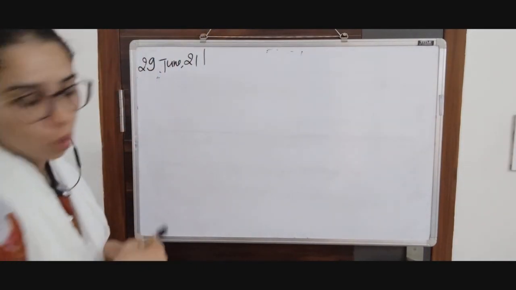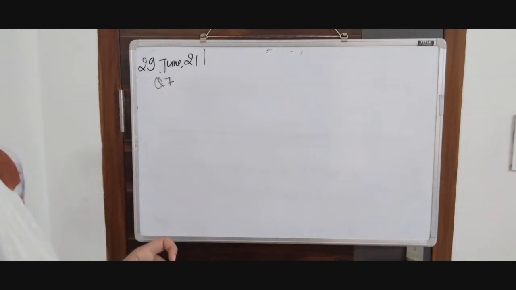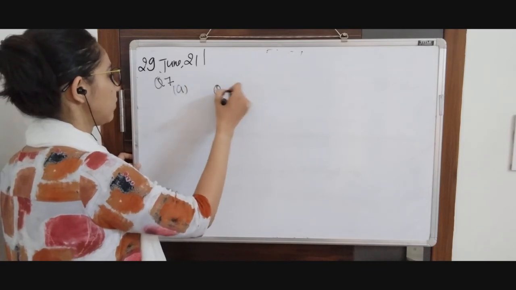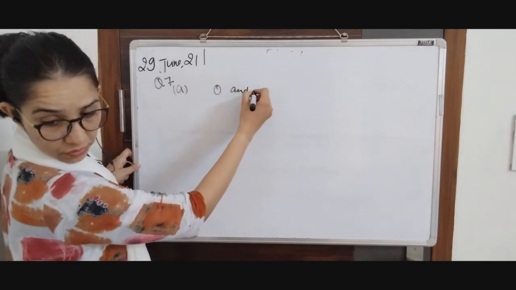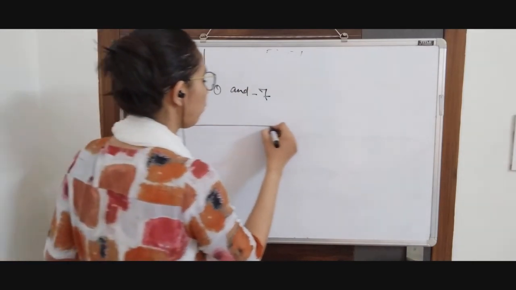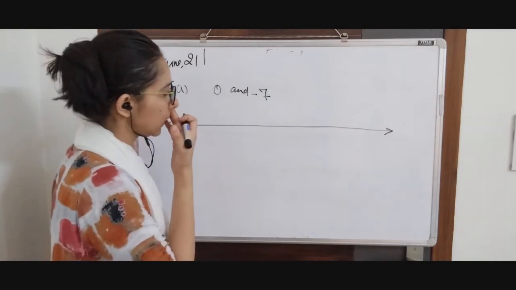First, 0 and 7, then 0 and -7. We can use a number line or we can skip the number line, we can do it any way.